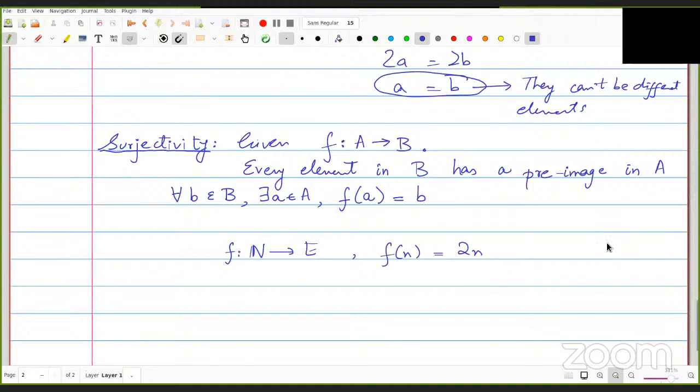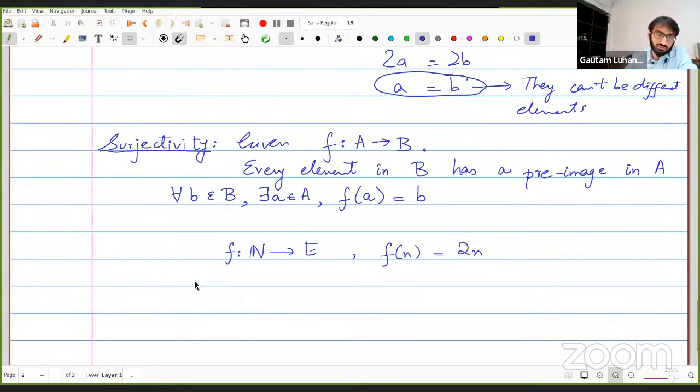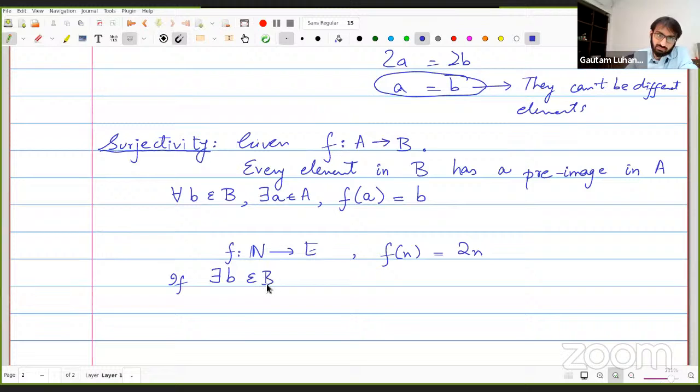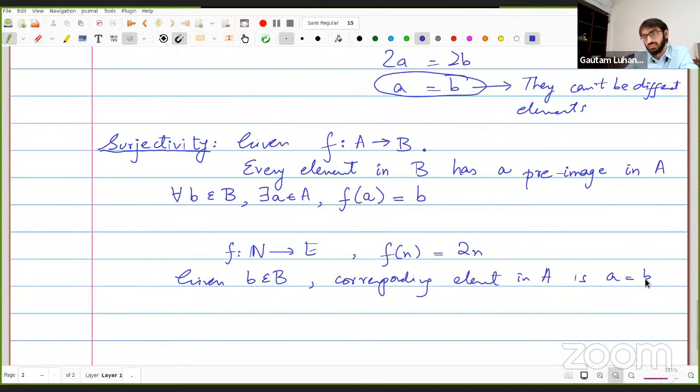If I have an element b, then the corresponding element a is b over 2. So actually, let me say, given b in B, the corresponding element in A is simply b over 2.